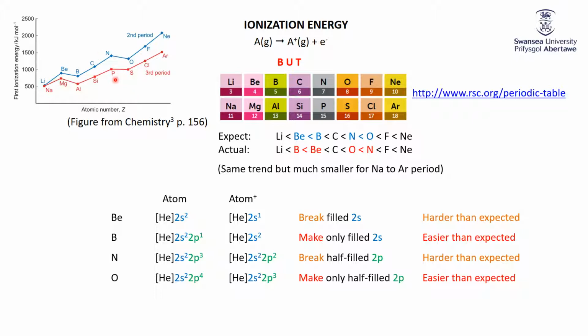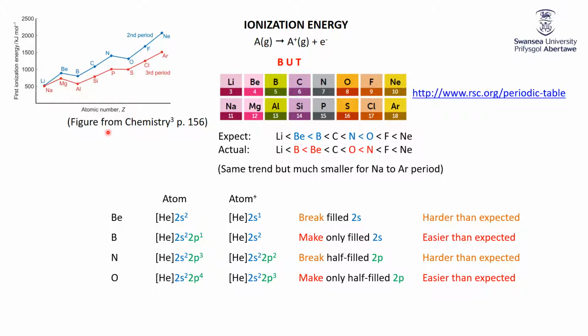Phosphorus has a half-filled 3p subshell. Sulfur has a half-filled 3p subshell plus an electron. Remove the electron, you get down to the half-filled 3p subshell. Notice that it's harder to break filled subshells than it is half-filled subshells.